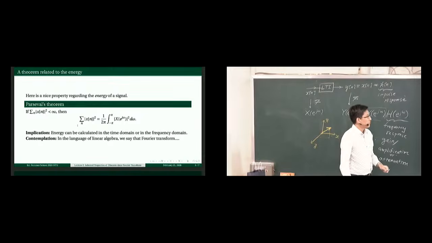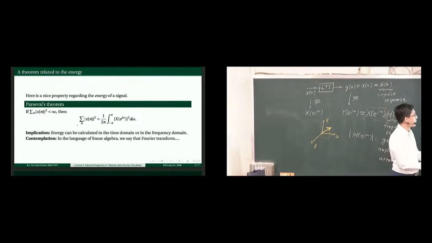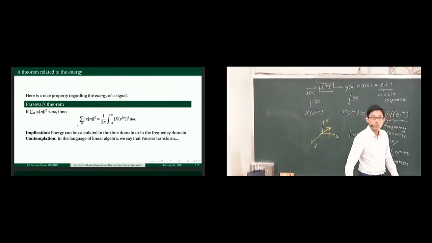So I'm sharing with you that Fourier transform, when you look at Parseval theorem, is pretty profound because it tells us that Fourier transform in a way is like rigid body rotation.